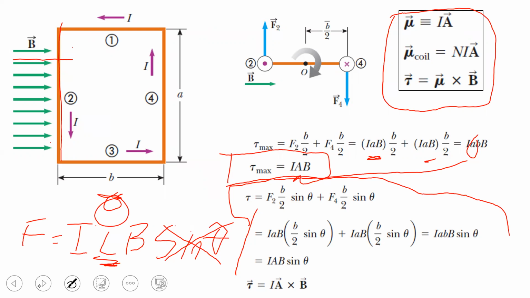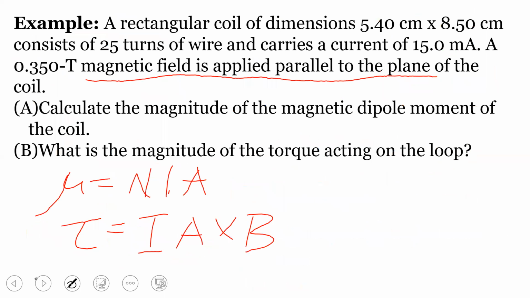It's parallel to the plane, but it is forming 90 degrees to the direction of I. So we would take it that we know I, we know A, we know B, and we know theta to be 90 degrees. So we can just multiply it up and have the torque.